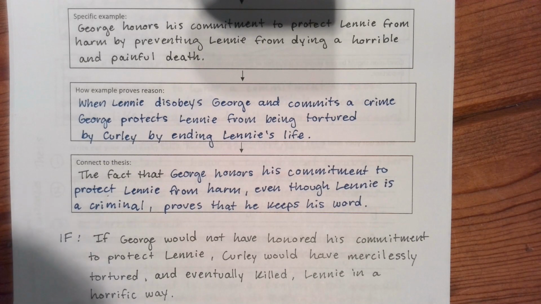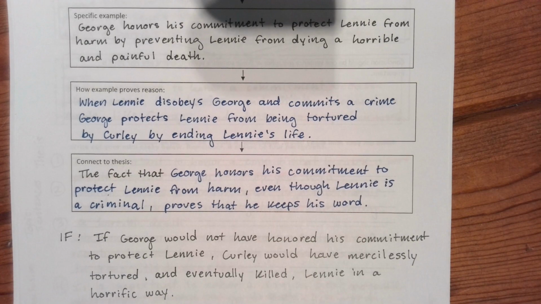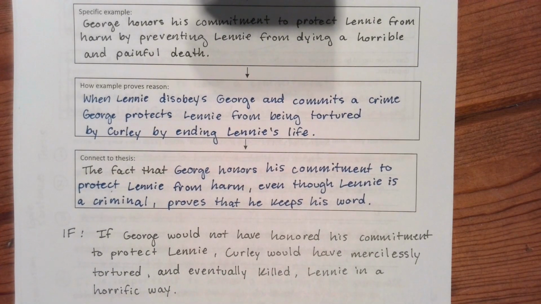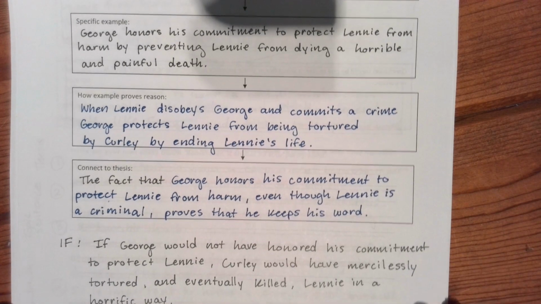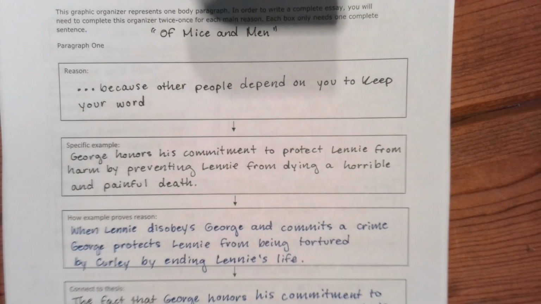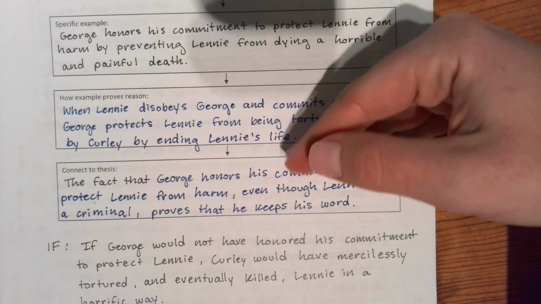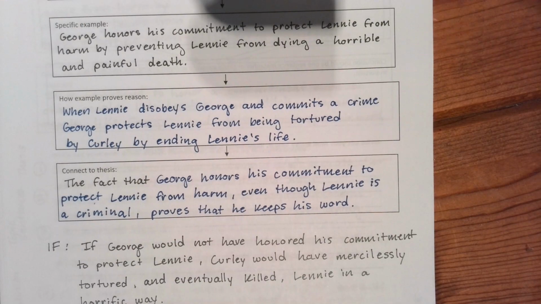The fact that George honors his commitment to protect Lenny from harm, even though Lenny is a criminal, proves that he keeps his word. If George would not have honored his commitment to protect Lenny, Curly would have mercilessly tortured and eventually killed Lenny in a horrific way. This is a complete body paragraph that connects your example back to the prompt.